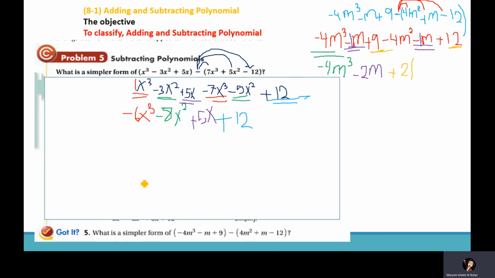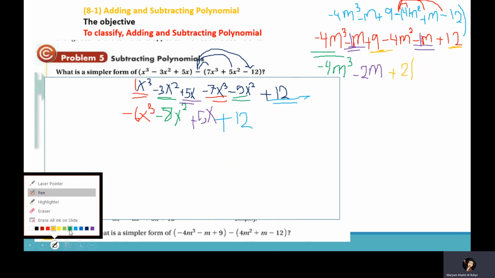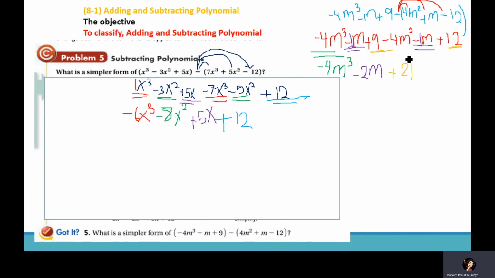The remaining thing, there is one term I did not do anything with. There is nothing like this term also. I have to drop my term as it is, which is this one. The last one is this one. Just take it, write it here: minus 4m to the power 2. So that's the answer for this one.